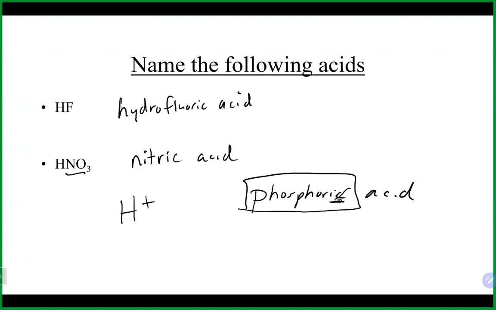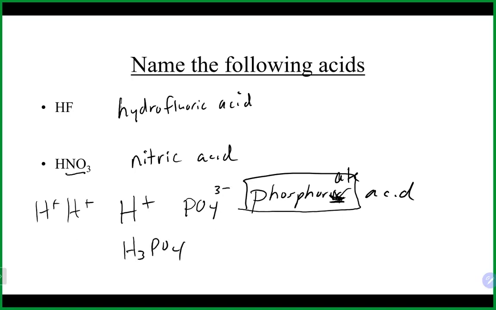So if you just cross out the ic and put an ate, phosphate, now you know what polyatomic ion it is. Then you proceed to put it together like normal. In this case, we would need our 3 hydrogens to give us our H3PO4.